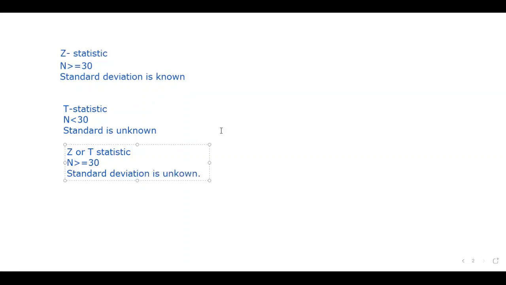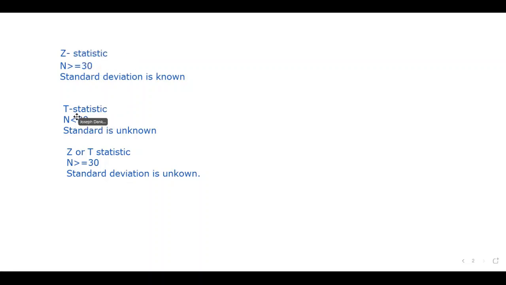So this is the preamble. Before you use the statistic, make sure these conditions are satisfied. You get it? So if your n is greater than or equal to 30 and your standard deviation is known, you use only the Z table or the Z test.